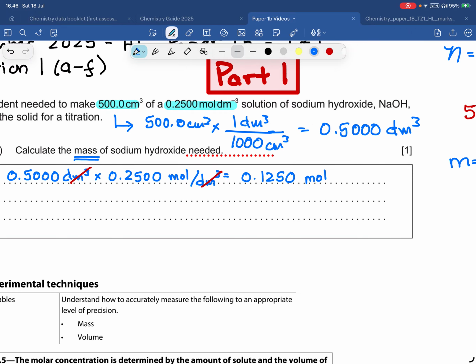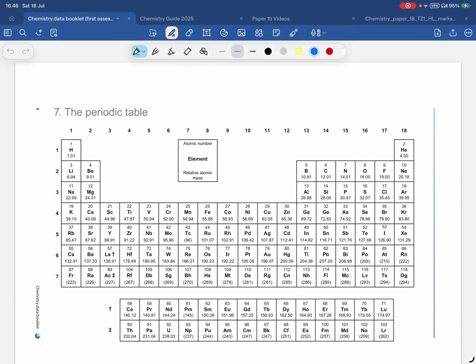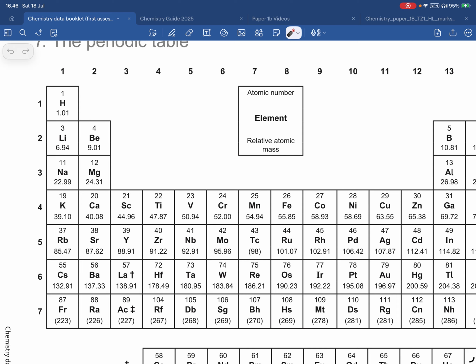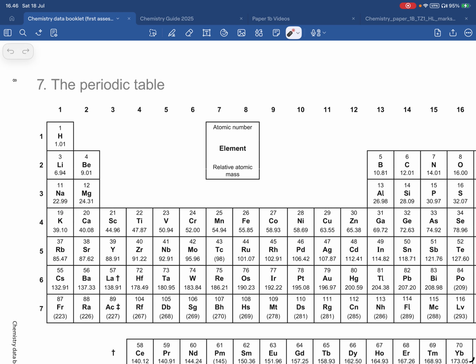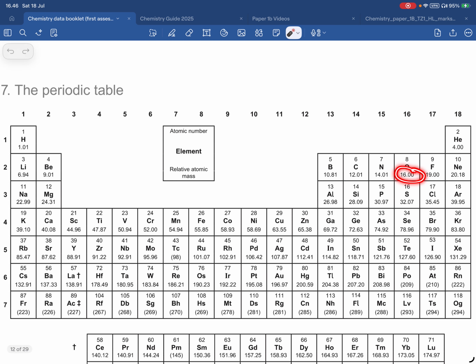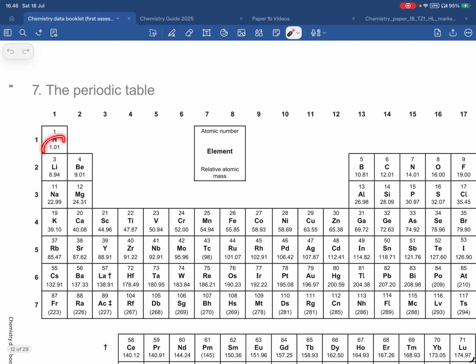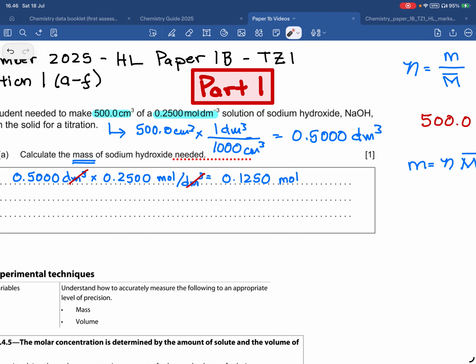So I'm going to go to my periodic table, which is here. Sodium, 22.99. Oxygen, 16.00. Hydrogen, 1.01. If you add all those together, then you will find that the molar mass of sodium hydroxide is 40.00 grams per mole.